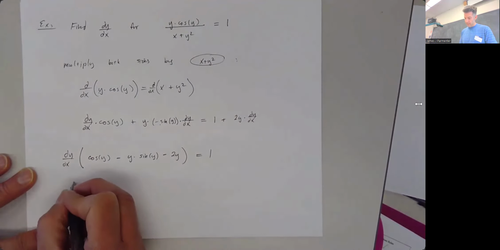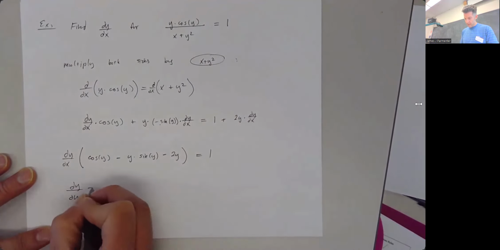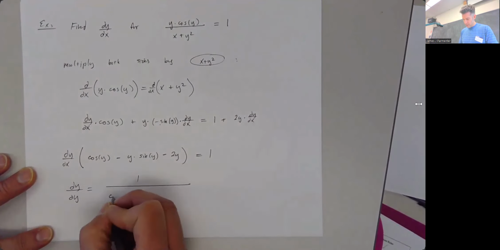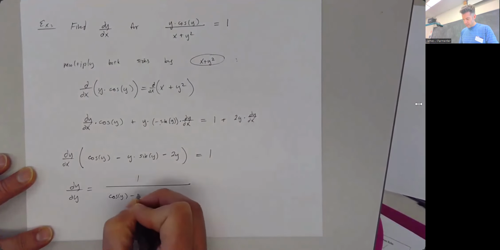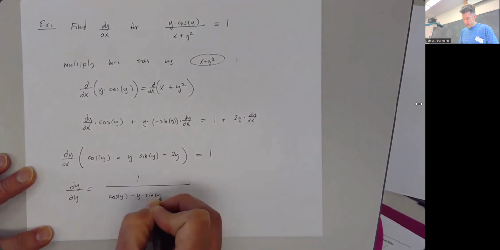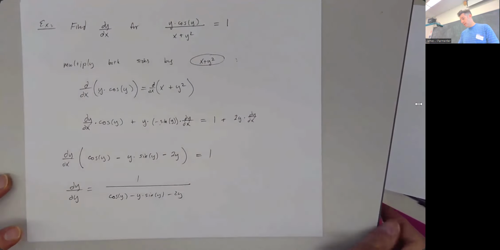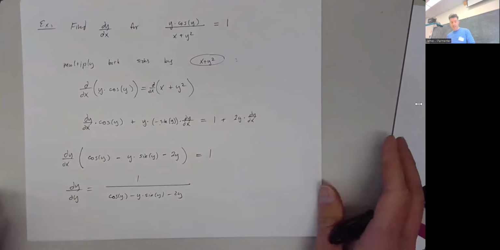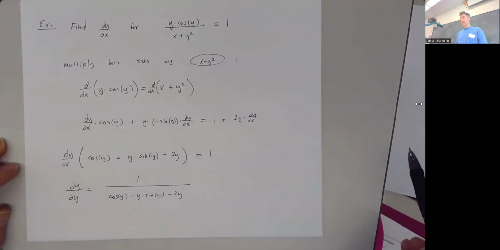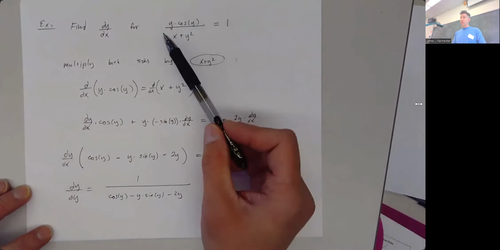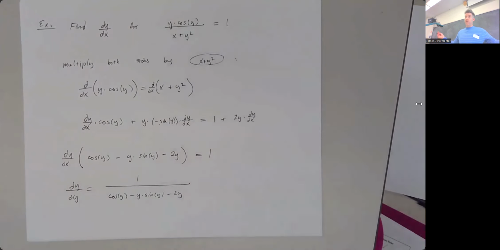Then dividing by everything, dy/dx is 1 over cosine of y minus y times sine of y minus 2y. I don't want to do it because it's time consuming, but I will tell you that if you did this the other way, like you started with this problem and actually used the quotient rule, did the whole derivative, then multiplied everything, brought all the y primes to one side, factored and divided out, you would get the same answer. It would just be a less nice process.